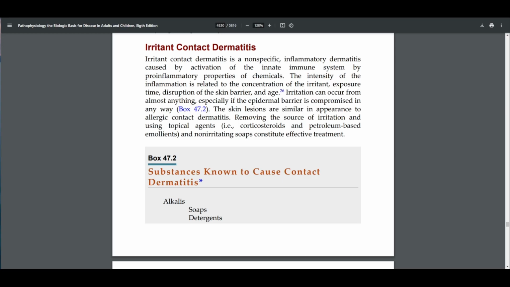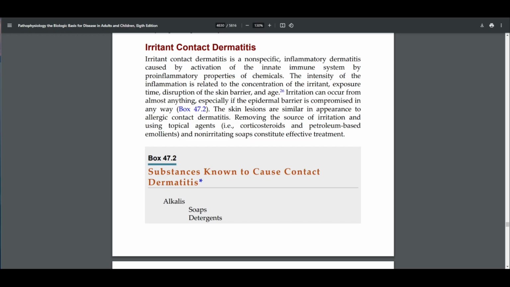Which leads us to irritant contact dermatitis. Irritant contact dermatitis is a nonspecific inflammatory dermatitis caused by activation of the innate immune system by pro-inflammatory properties of chemicals. The intensity of the inflammation is related to the concentration of the irritant, exposure time, disruption of the skin barrier, and age.